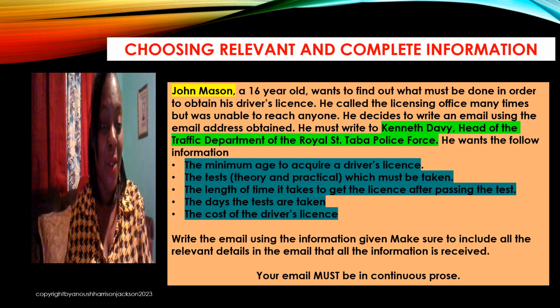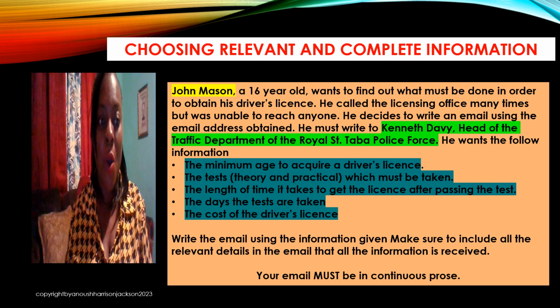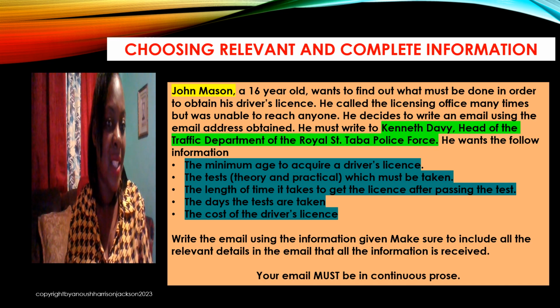Choosing relevant and complete information is very vital in an examination. And so students need to remember that CXC will always, of course, give you irrelevant information mixed with relevant, so that you should be able to decipher what is relevant versus what is unnecessary. And so the information here about the gentleman calling the licensing office many times and being unable to reach anyone is really not relevant, and so you would not insert that in your response.